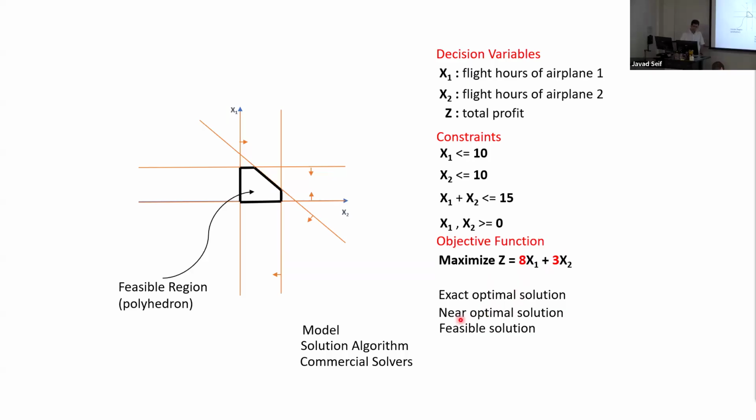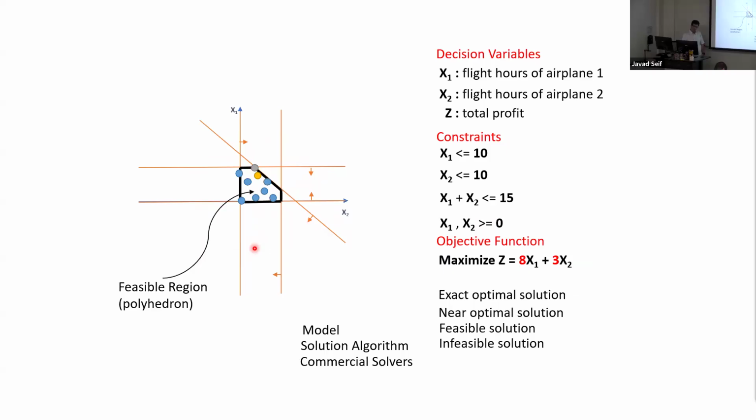And a feasible solution is any point here. Any point here is basically feasible because it doesn't violate any of these constraints. And then we have infeasible solutions: points that are outside of this feasible region, those are called infeasible. So that point right there that you see, this one is optimal. Then we have near optimal solutions.